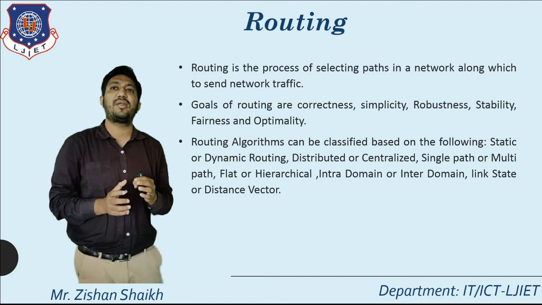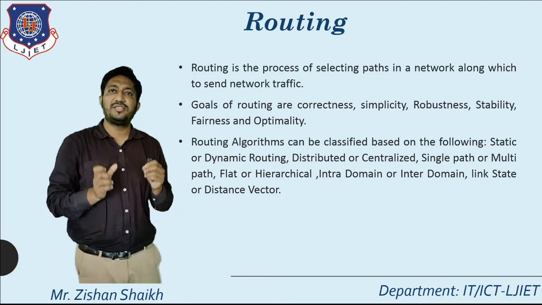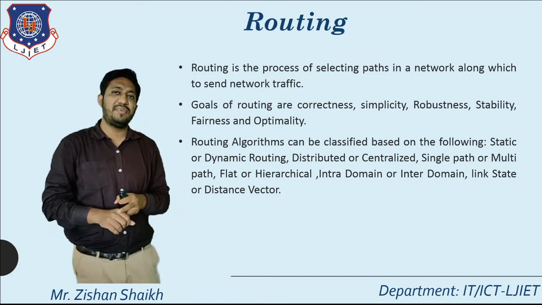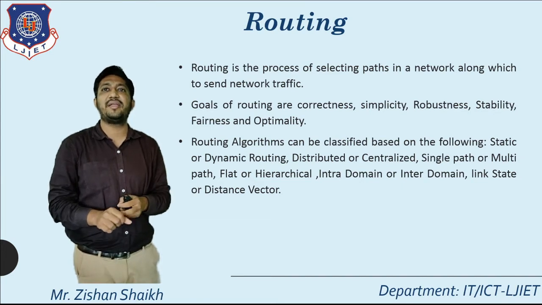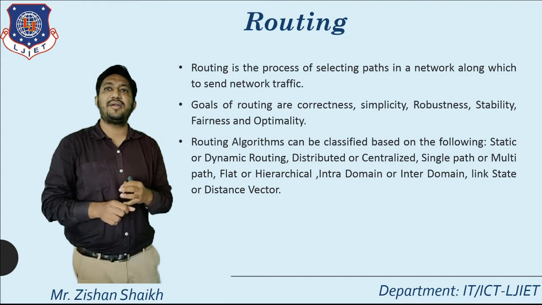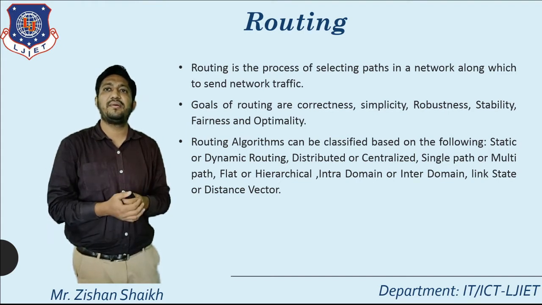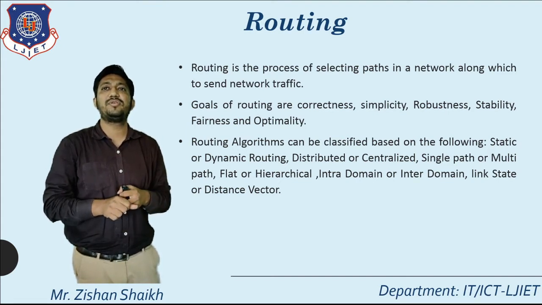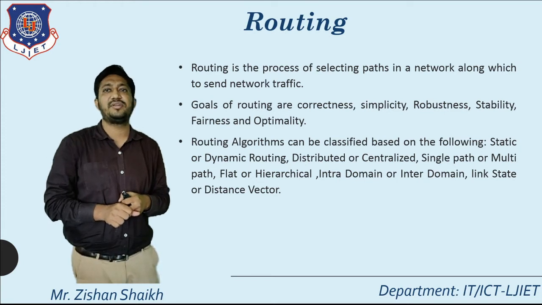The goal of routing is to achieve correctness, simplicity, robustness and stability, finding the natural or dynamic path, and finding the best or optimal one to send the data packets to the destination.